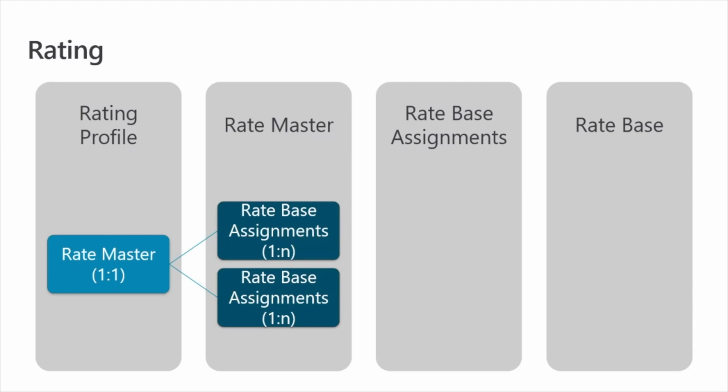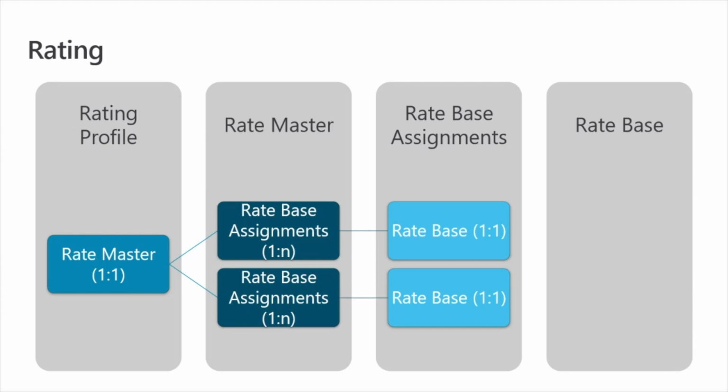If I go to the next level in my hierarchy, or in my pyramid, within that rate master, I now have a one-to-many relationship with my rate base assignments. So that is the next level down. And if we go one more level into our rate base assignments, we've got a one-to-one relationship. On every rate base assignment, I am going to identify one rate base.